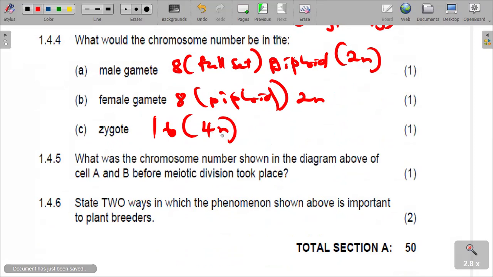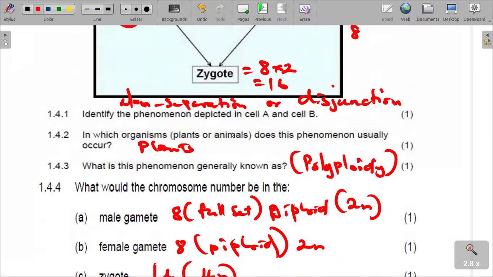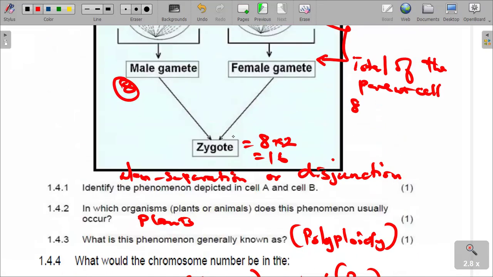So it is 4 times 4, which gives us 16. And the answers are correct. I'm sure you remember that it is the same thing as saying 2n when it is a normal gamete. 2n represents the number of chromosomes, whereby we say it is diploid.